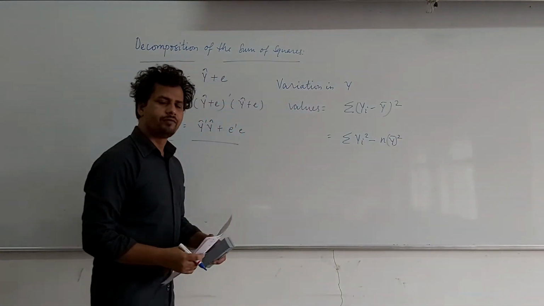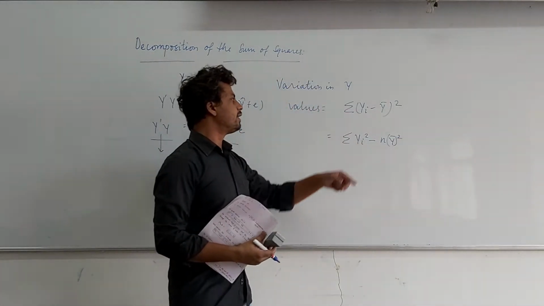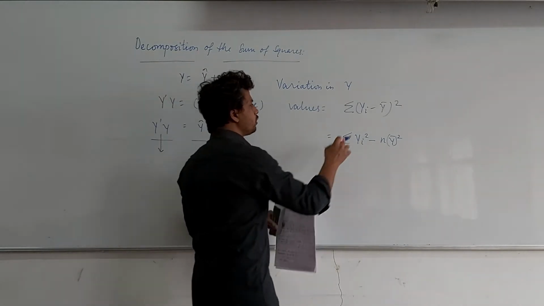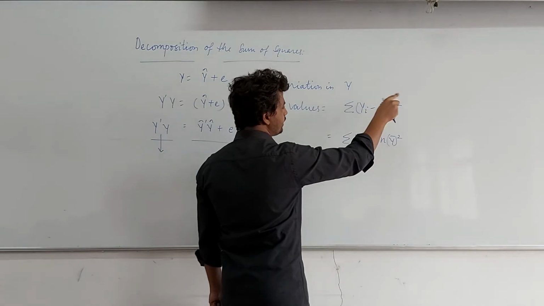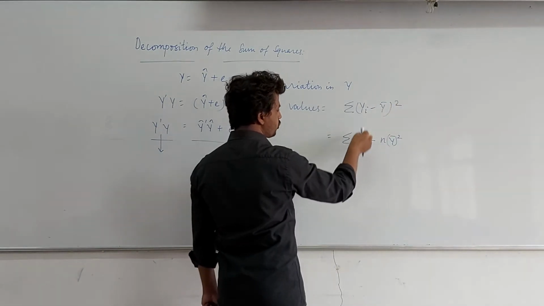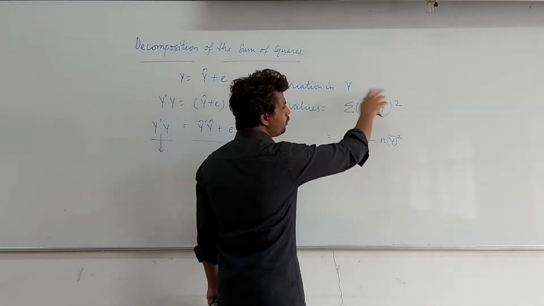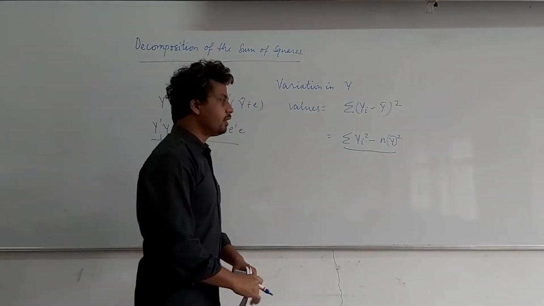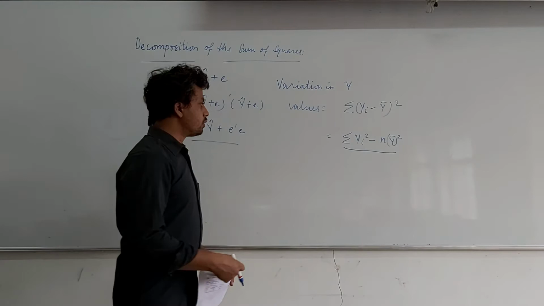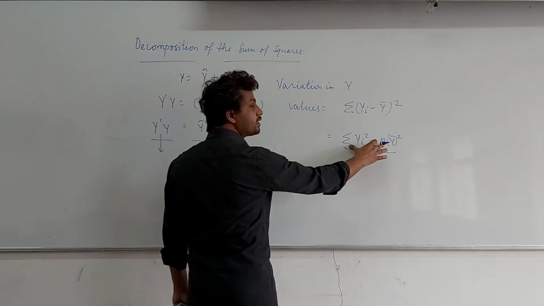If you are familiar with the variance formula, you can easily derive it. If you break it, this is (a minus b) whole square, so a square plus b square minus 2ab. You have yi square, and you take the sum of everything afterwards. If you break this expression, the final expression you come up with will be this amount. So this is exactly the variation in y values.